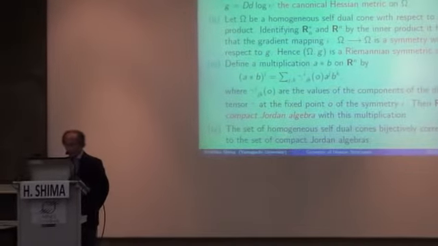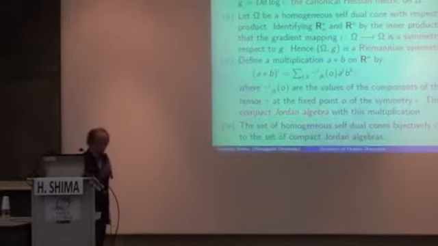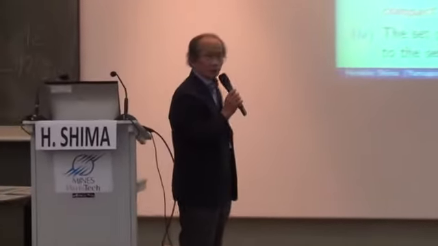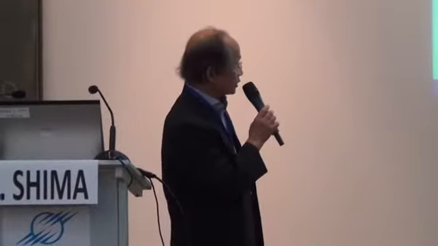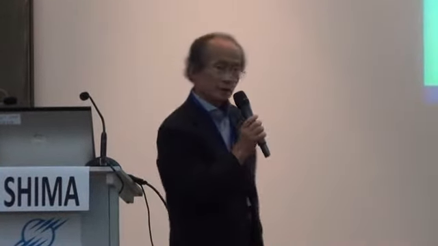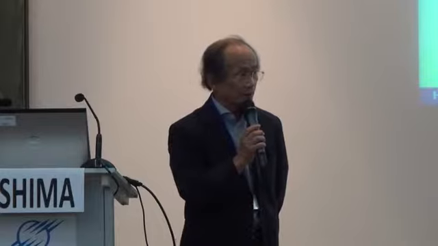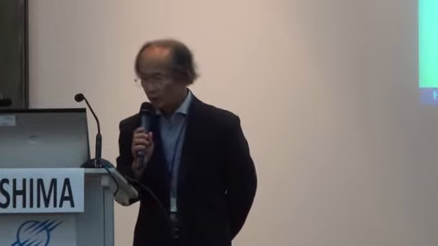Then R^n is a compact Jordan algebra with this multiplication. It is well known that the set of homogeneous self-dual cones directly corresponds to the set of compact Jordan algebras. And the compact Jordan algebras are completely classified.